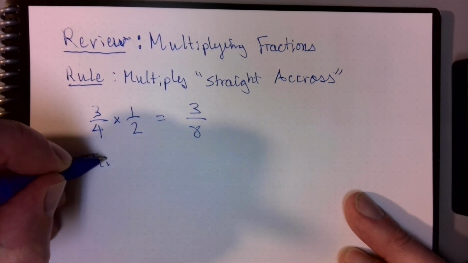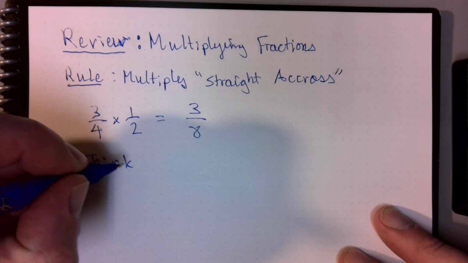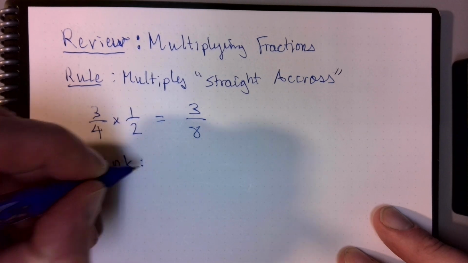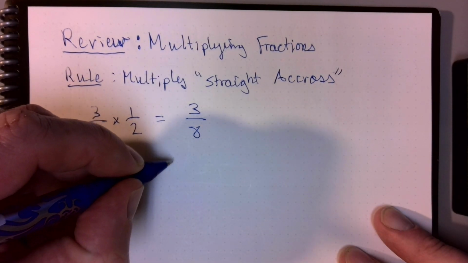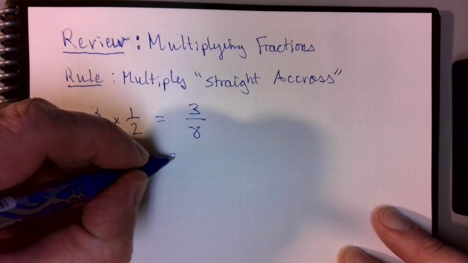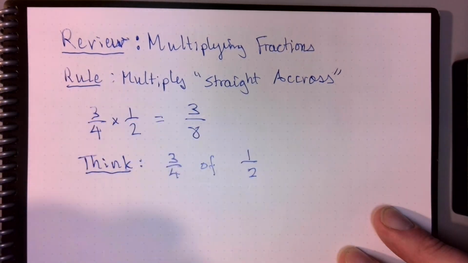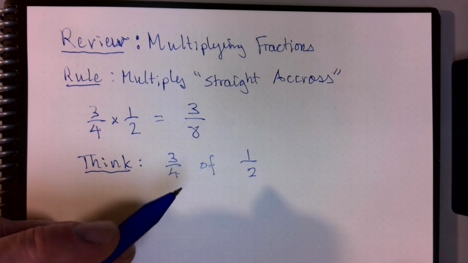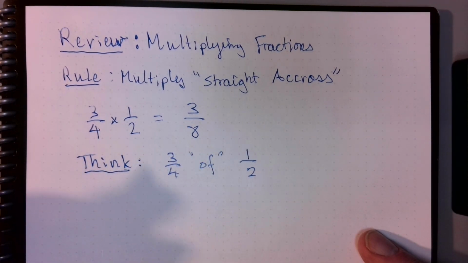And if you look at the video in the previous module, I recommend thinking of it like this. You're doing 3/4 of 1/2. Whenever you see this multiplication, I think of the word of.